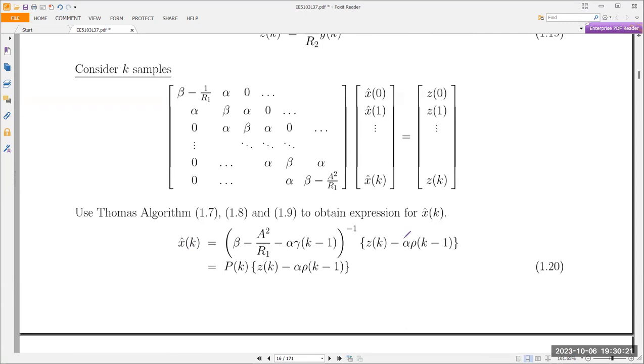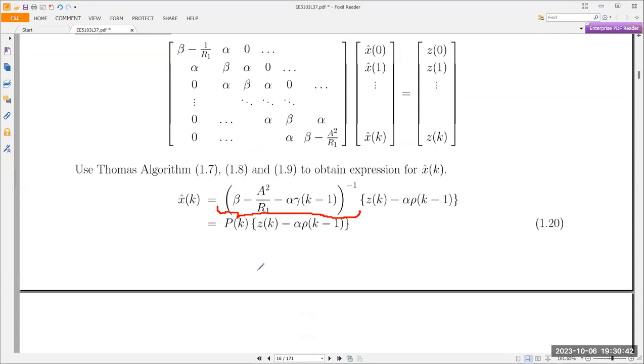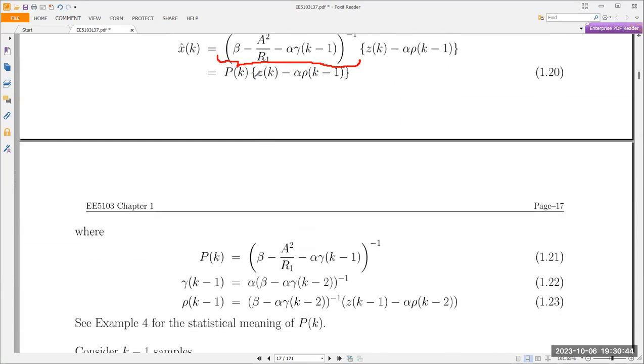Okay, then in Kalman filter, they call this P. It has meaning, I will discuss next week. So as far as maths is concerned, this is called P, where P is that.